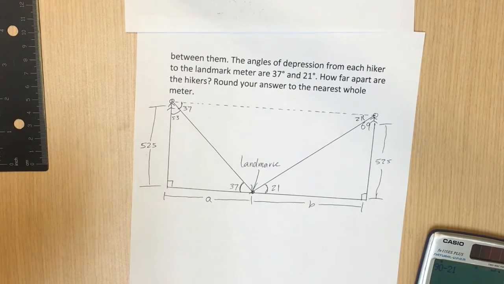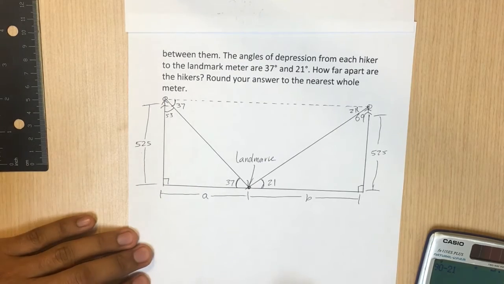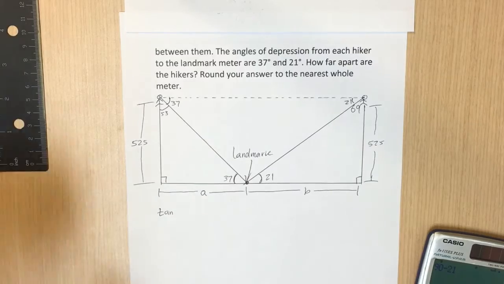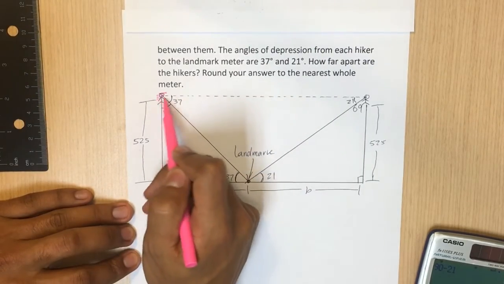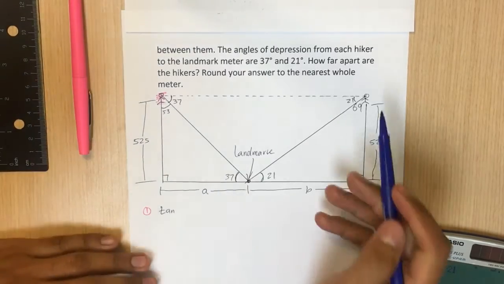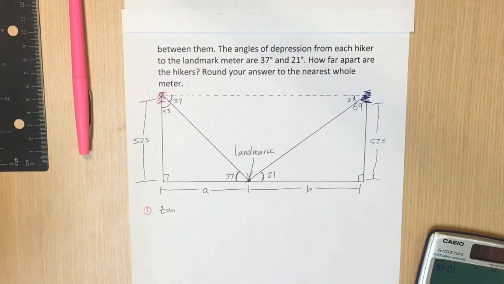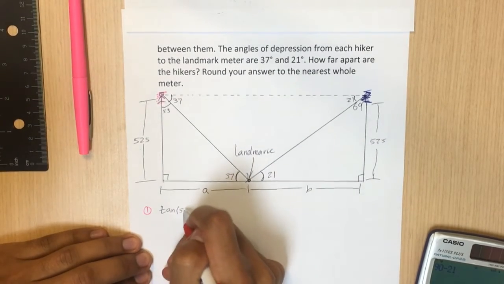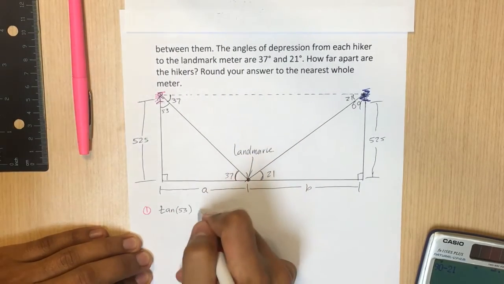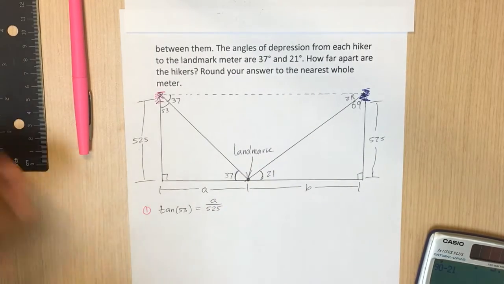Okay, so if we're looking at it from the point of view of the hiker, we can say that tangent of 53 degrees, and I'll just make a note. This is my pink hiker, and then here's my blue hiker, so that we know which equation I'm talking about. Okay, so tangent of 53, right, so it's opposite over adjacent is equal to a over 525, right?